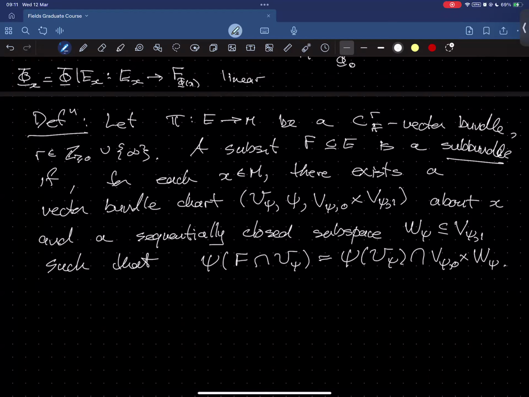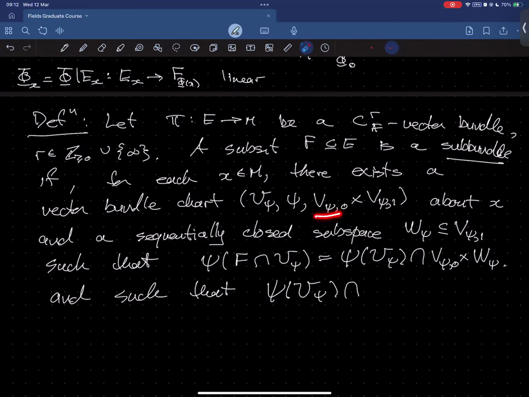All right. Let me just make sure this is enough. Okay. So and such that psi of V psi intersect. Okay, so we want the points which are in the V naught part.